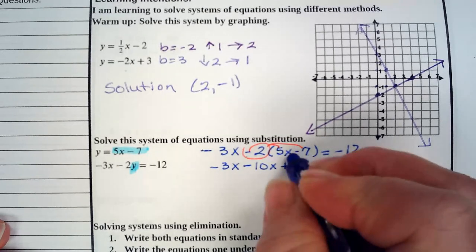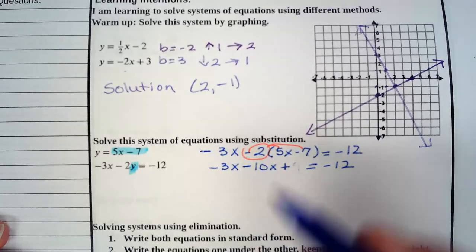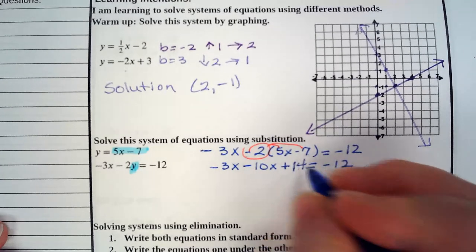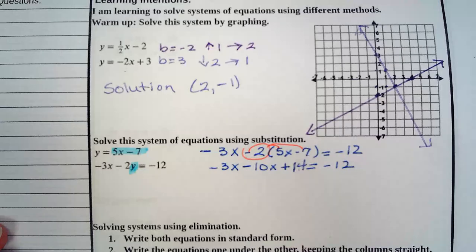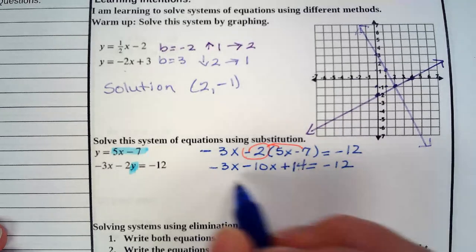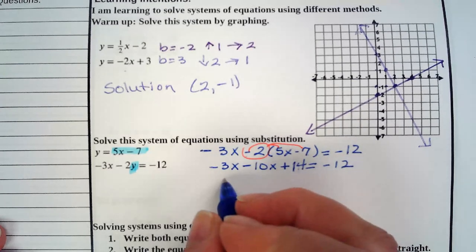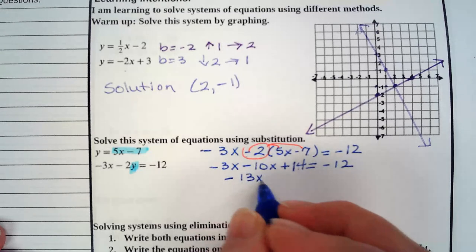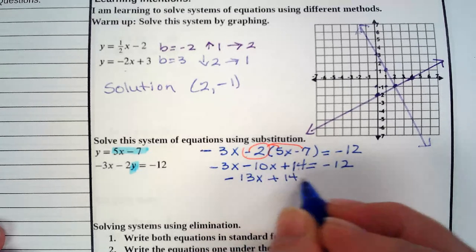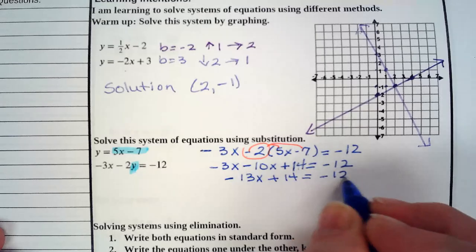I said 14 and I wrote 9 for some odd reason. Okay, -3x plus -10x, -13x plus 14 is equal to -12.